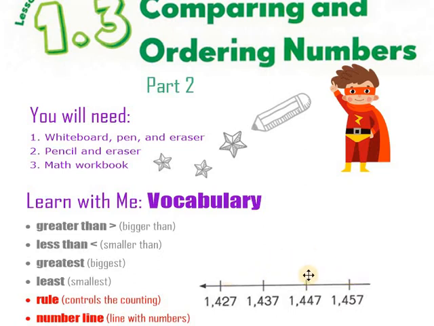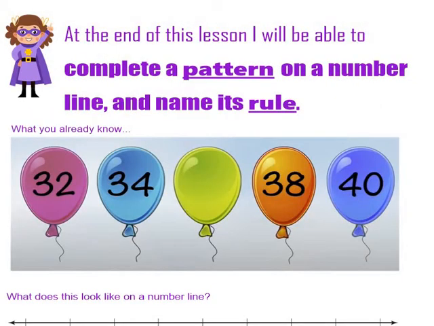On each tick mark, we see a number being counted, and the counting is equal. So when I jump from this number to this number, if I jump by 1, then I'm going to jump by 1 here too.